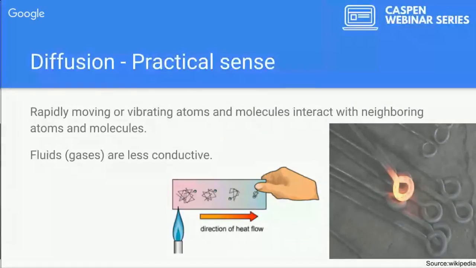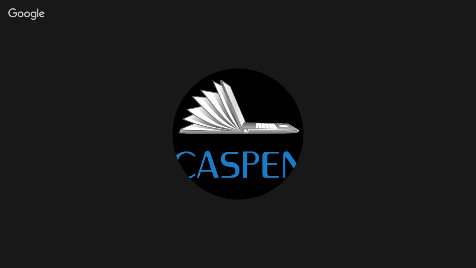So once you start, the case is heat, and thus the practical sense, because they're convective.